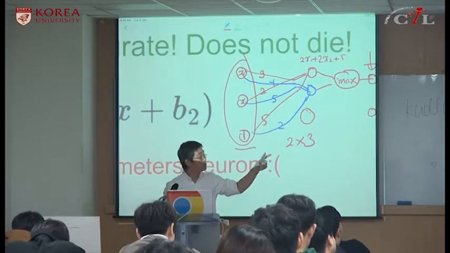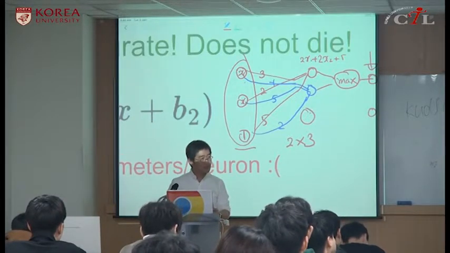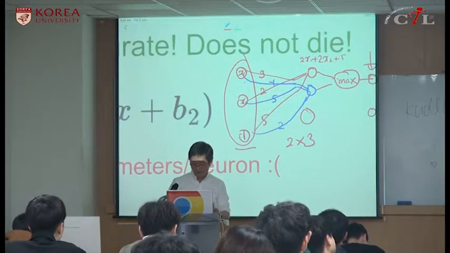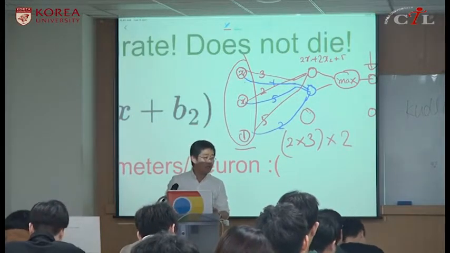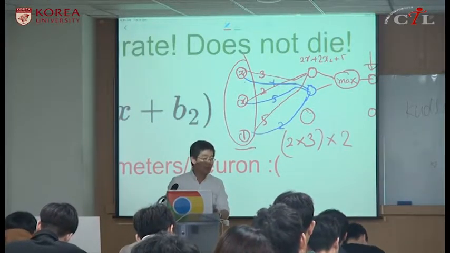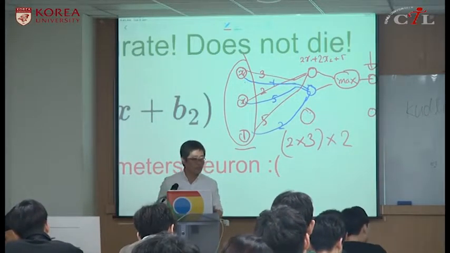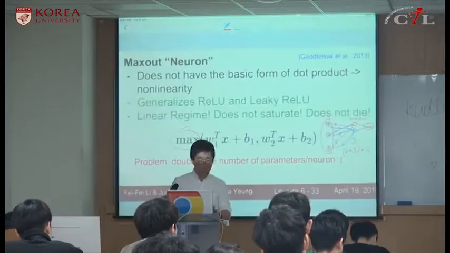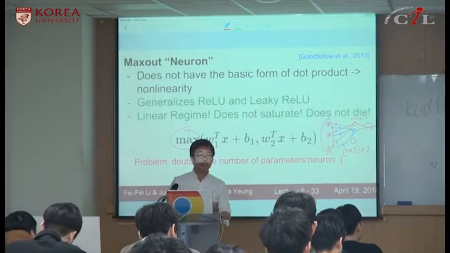Because we have two output nodes and 3 input nodes. But in the case of a maxout layer or unit, we actually have 2 times more parameters than the typical or standard fully connected layer. Okay?